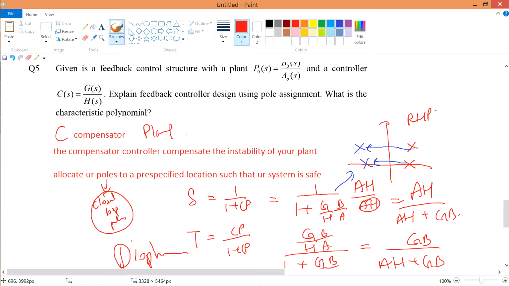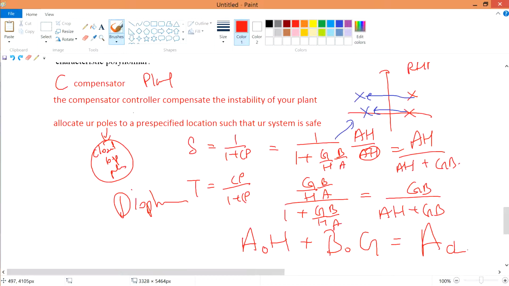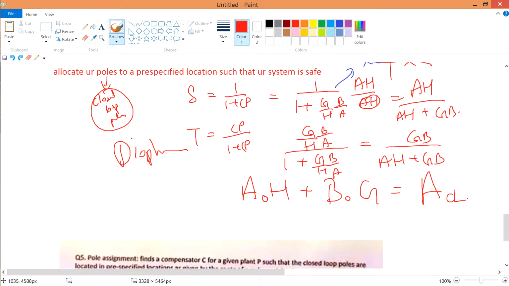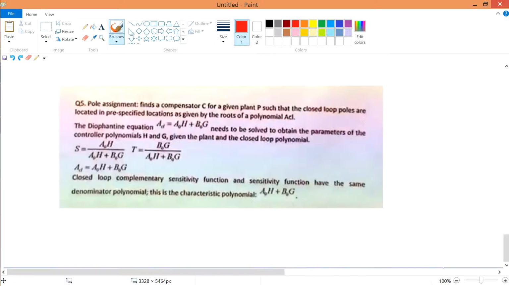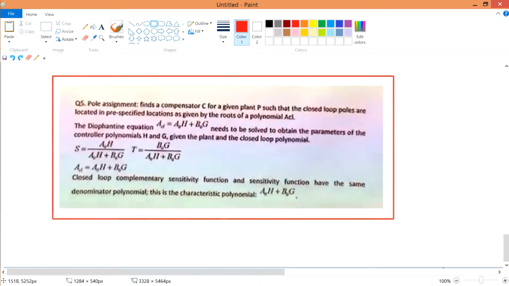And so therefore this is the characteristic polynomial, because it's dealing with the polynomial of A and H and B and G. And this is the answer for this question if you are keen to look at it. Take a second to check it out.